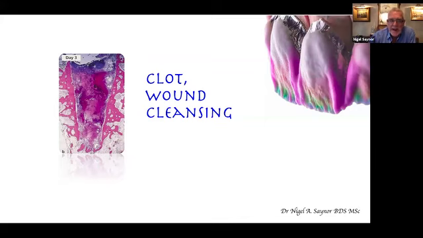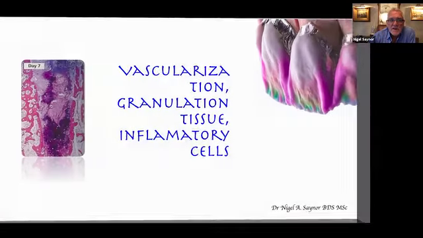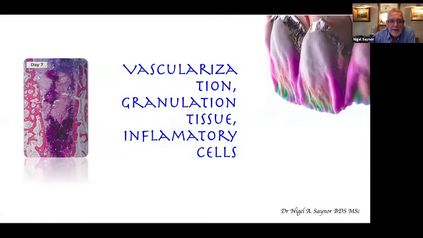and there will be a lot of activity going on at this stage. If we go further down, day 7, we are going to see vascularization, granulation tissue, and more inflammatory cells going on. Now, this is part of the cleansing of this socket in order for us to see a proliferative phase.